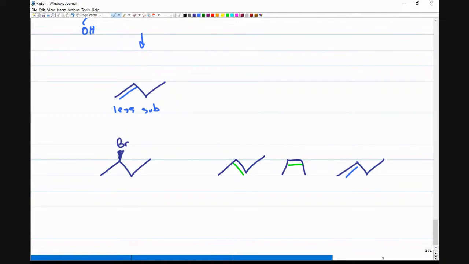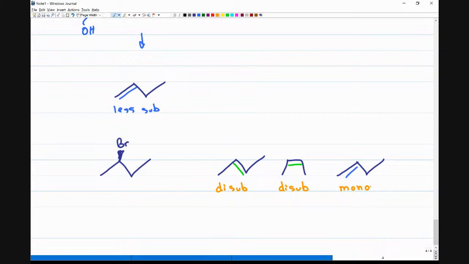Okay. So there's two things you want to look at when you're trying to figure out the stability. We're looking at the degree of substitution and then how the groups are oriented with respect to each other. For the first one, notice that this is a di-substituted pi bond, and this is also a di-substituted pi bond.